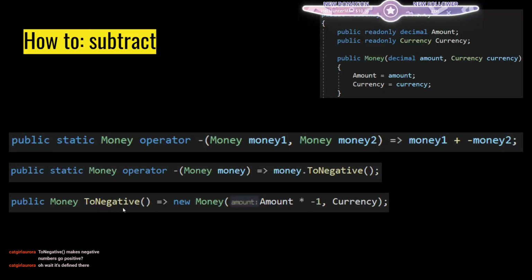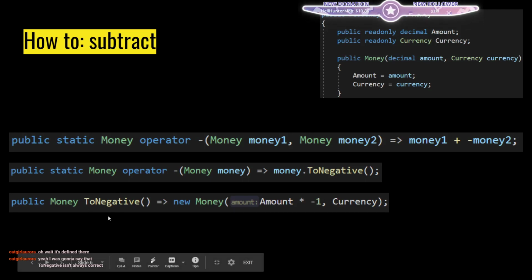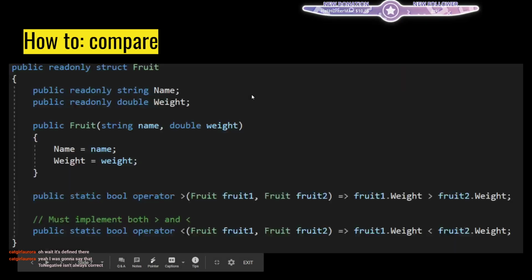Maybe to negative is bad. It should be invert. Yeah, it should be invert probably. To negative feels like it always makes it negative regardless of being negative already. All right, let's continue. Yeah, it should be invert. Okay, continue.